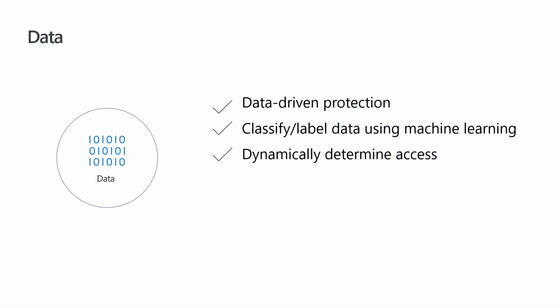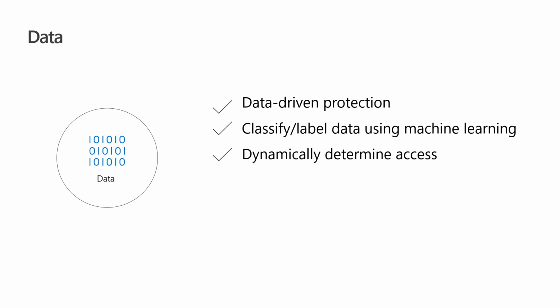We should apply this particular classification or label to this and protect it so that it's only available to this specific subset of users. It's also important that your users are able to do this on their own, but for this to scale, it needs to be automatic so that users don't have to think about it. It just automatically is classified, labeled, and protections are put into place.